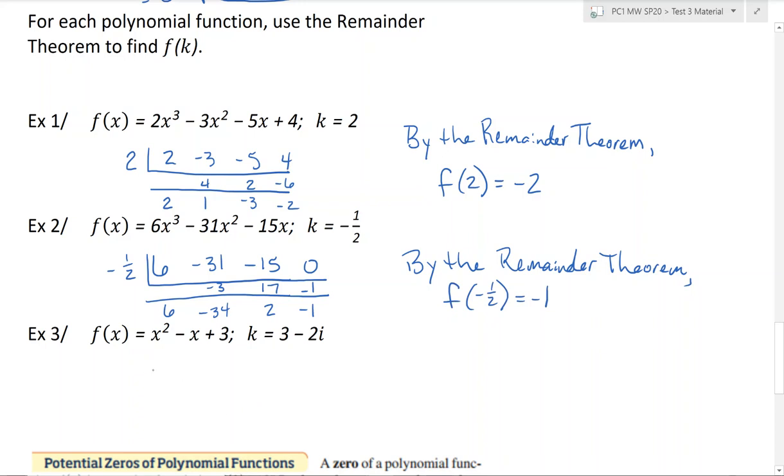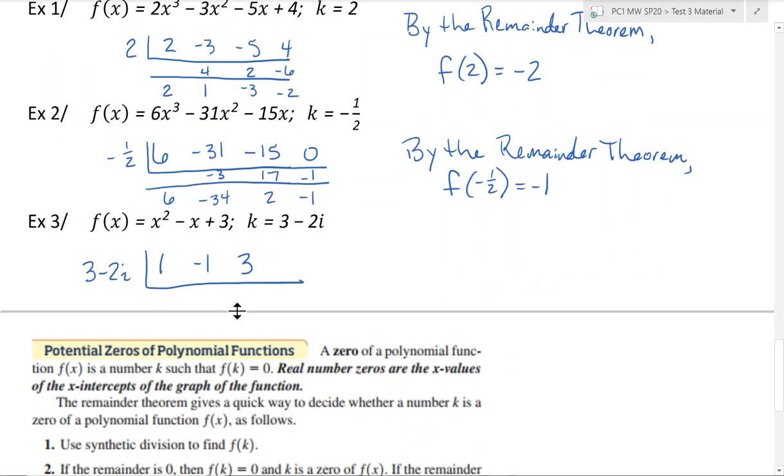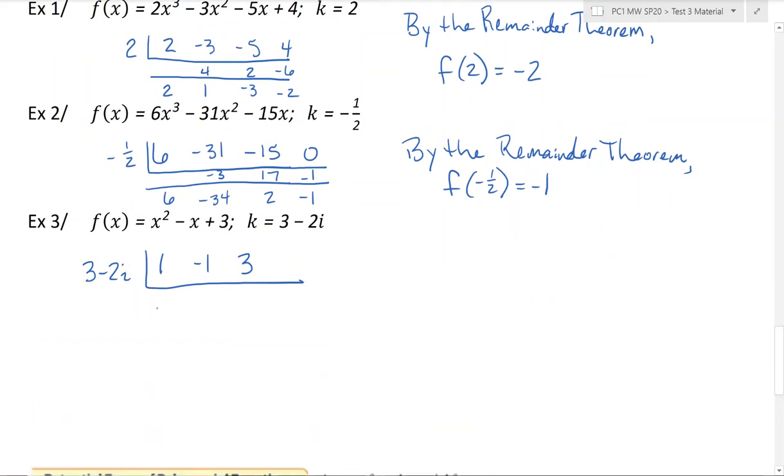Okay, again, try this one. We've got 1, -1, 3, and this is interesting. We're dividing by a 3 minus 2i. Right. Might want to give yourself a little room here. All right, so I've got 1. 1 times 3 minus 2i is 3 minus 2i.